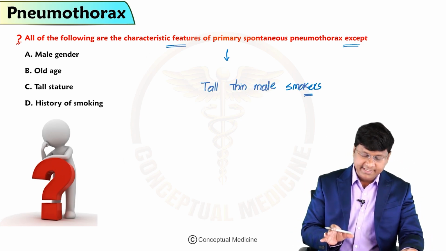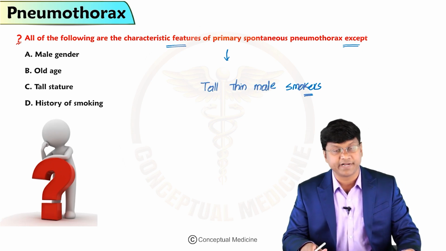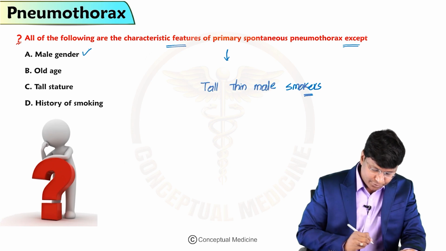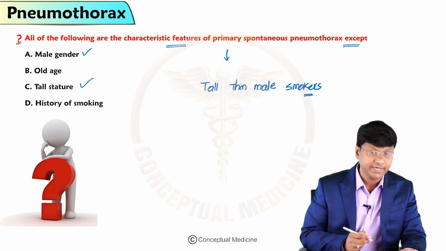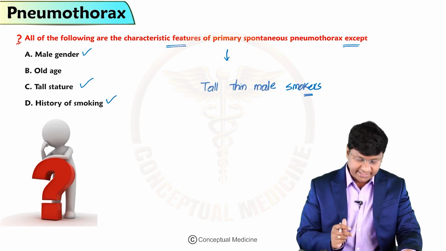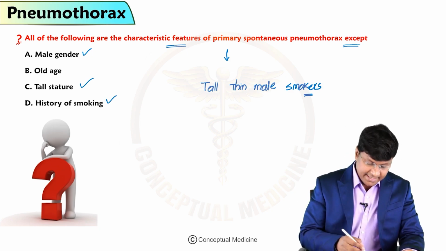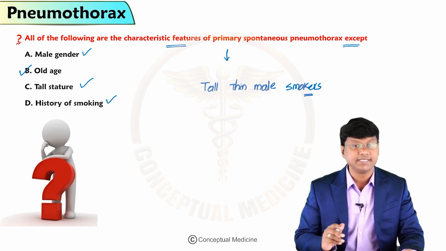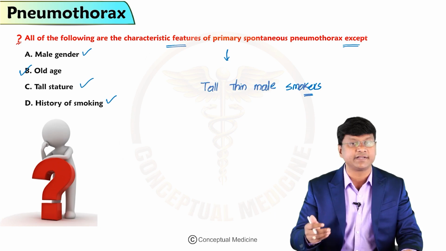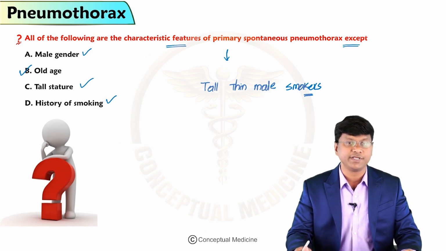So in male gender you will have pneumothorax, tall stature you will have pneumothorax, like for example in case of Marfan's, and history of smoking also can lead to pneumothorax. But old age is the answer here. Old age is not definitely a predisposing factor for primary spontaneous pneumothorax.